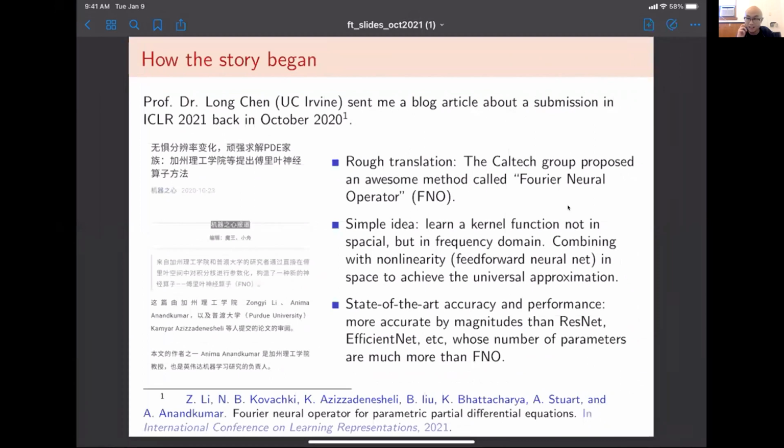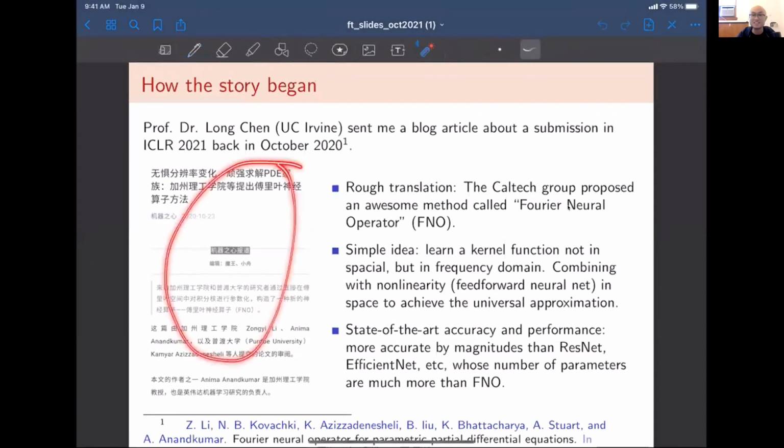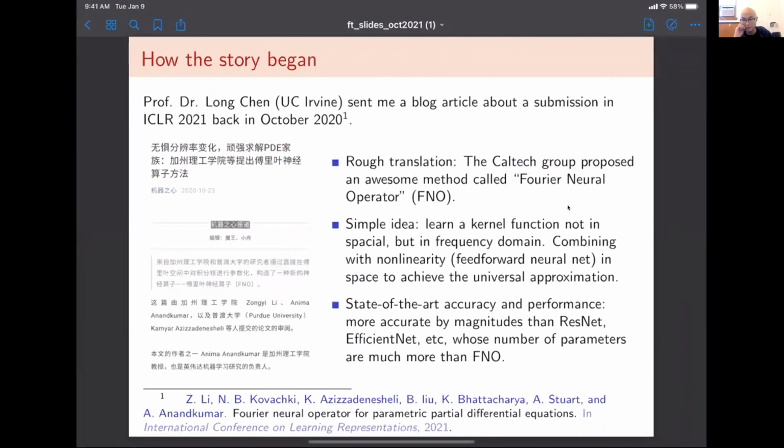So basically, last October or November, Long, who was my postdoc mentor, sent me an article in Chinese. It's this one. And Long asked me, okay, Shuhao, can you read this Caltech group's paper and report in the group meeting?